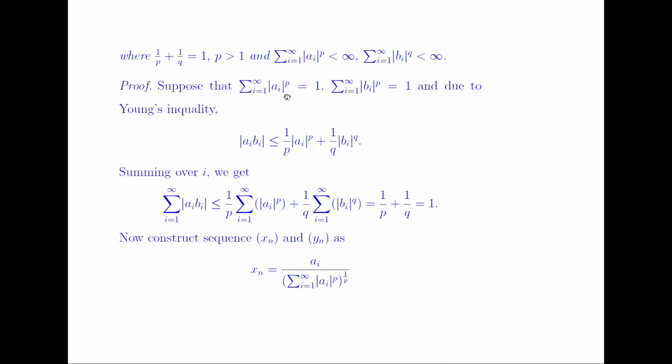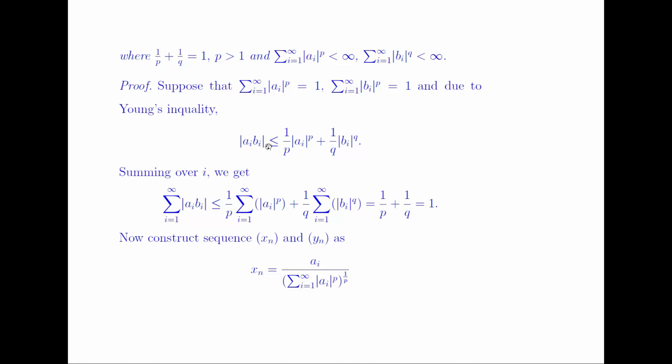Now, if you assume that these series are finite and equal to 1, then due to Young's inequality that we have proved in the previous result, the modulus of ai bi is less than or equal to 1 by p modulus of ai power p plus modulus of bi power q upon q.